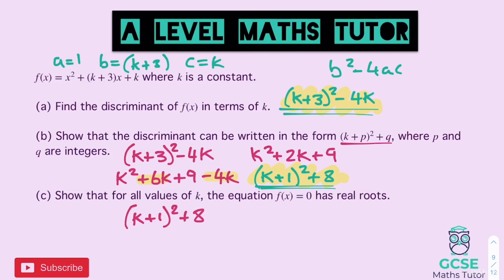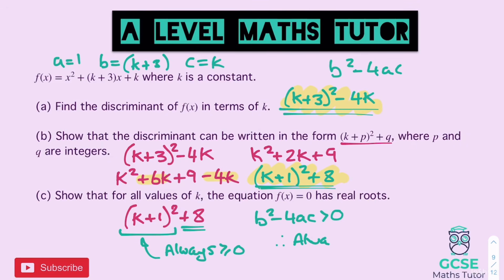This part in the bracket is always going to be bigger than or equal to 0, and because we've got the plus 8 there, even if negative 1 was subbed into that, our value of the discriminant, which is b squared minus 4ac, is always going to be greater than 0. And because it's always greater than 0, we can say therefore it always has real roots. There we go, and we're done.